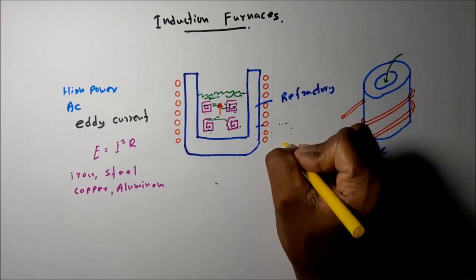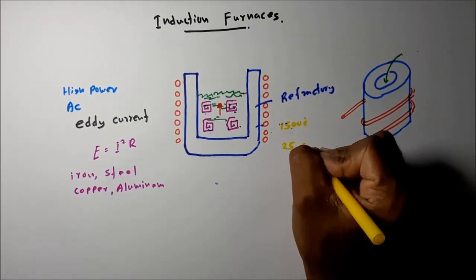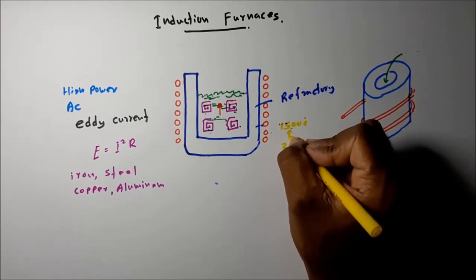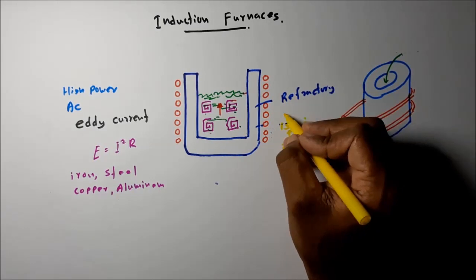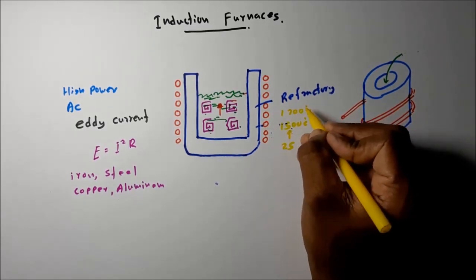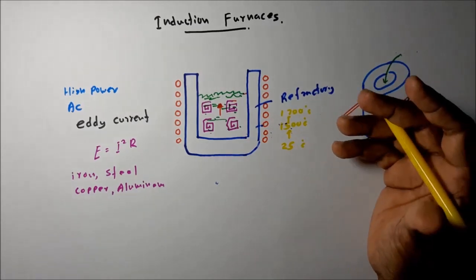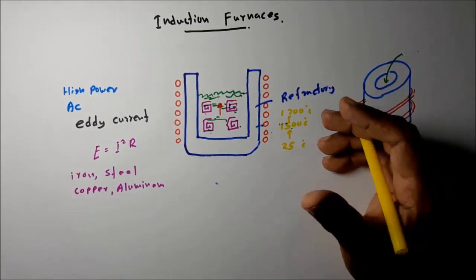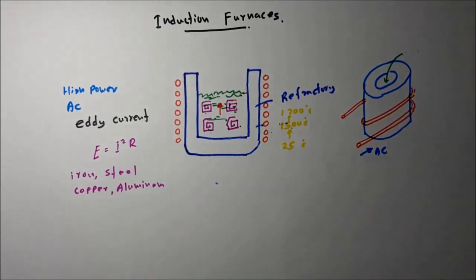Let's take the steel, starting from room temperature. Let's take 1500 centigrade. So it gradually increases to the melting point, and further. Let's take 1700 for the pouring temperature. So it increases gradually, not rapidly like in the electric arc furnace. What happened in the electric arc furnace, in the previous case?